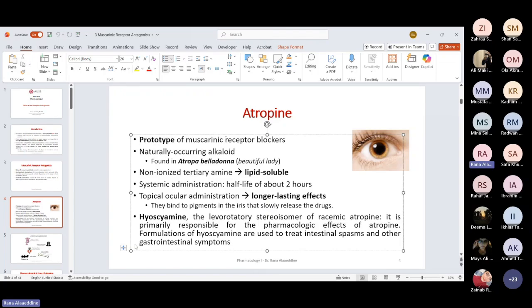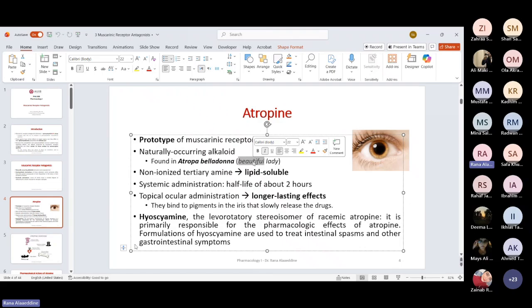It's the most famous. We will understand how atropine works, and every other drug in this lecture acts the same way. Okay? So it naturally occurs as an alkaloid, and it's found in a specific plant. That plant is called Atropa belladonna. The meaning is a beautiful lady.